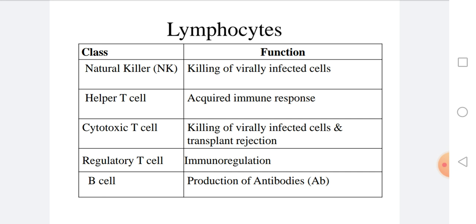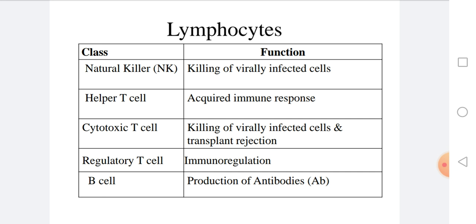Helper T cell, its function is the acquired immune response. Cytotoxic T cell, its function is killing of virally infected cells and transplant rejection. Regulatory T cell, its function is regulation of the immune response, immunoregulation. B cell, its function is production of antibodies or immunoglobulins.